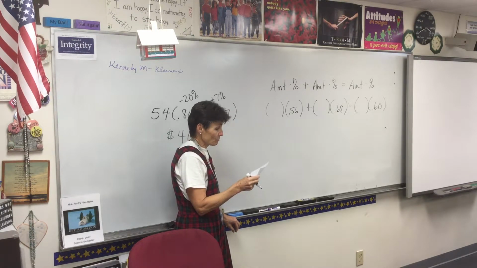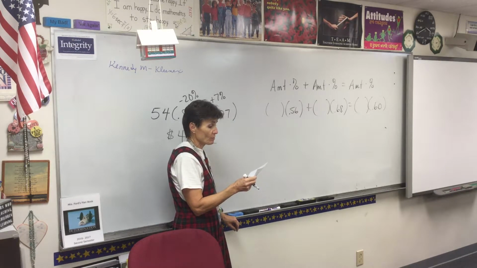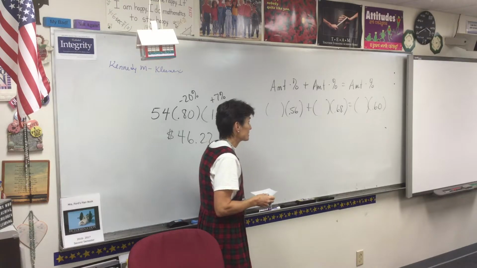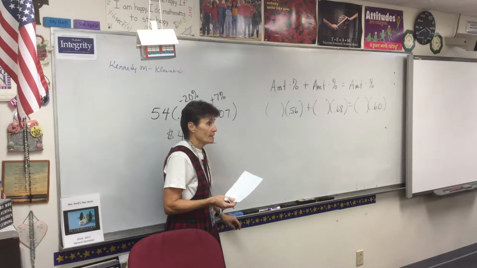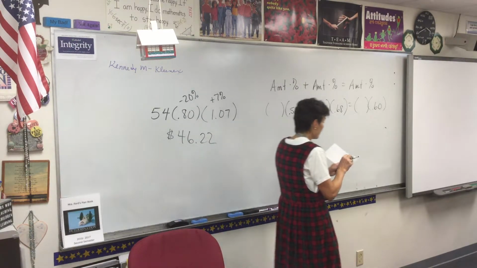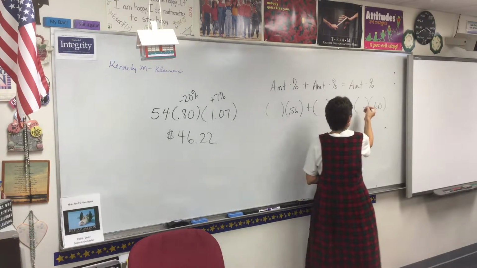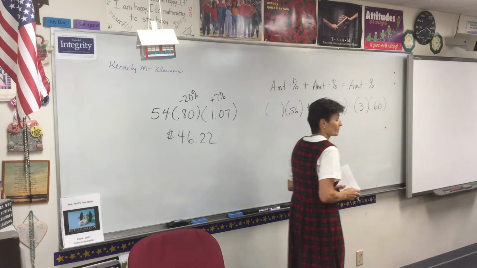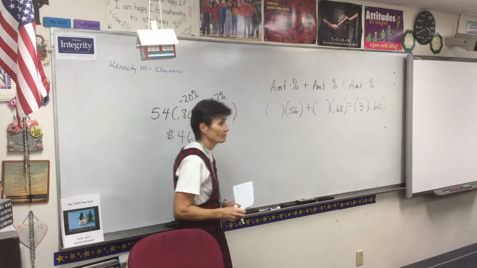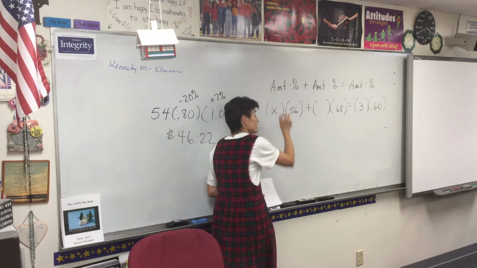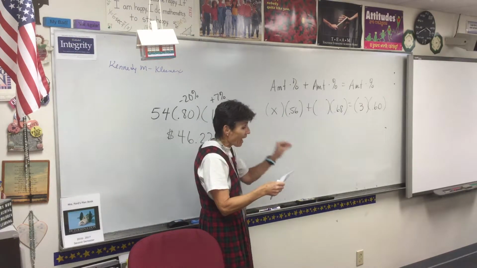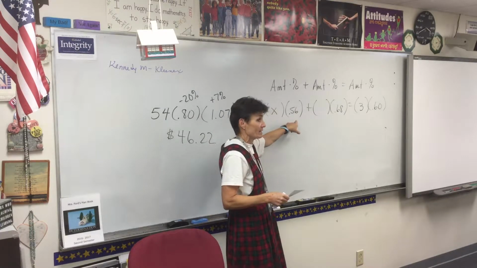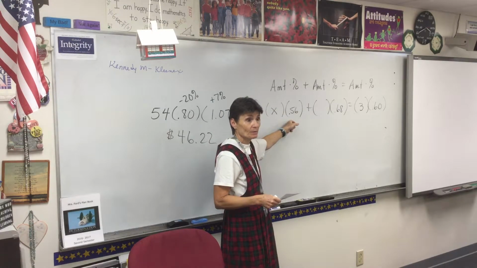Now they gave me one other number in the problem, and that is 3. 3 gallons is an amount. It is the amount of 60, so it goes here. We put X here because the question is how much 56%? How much X?